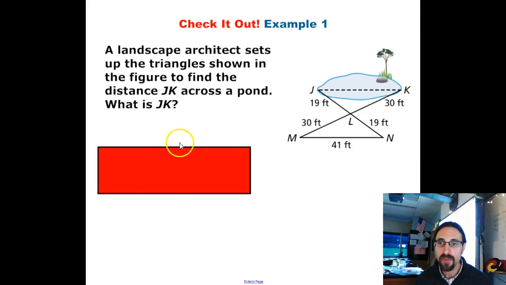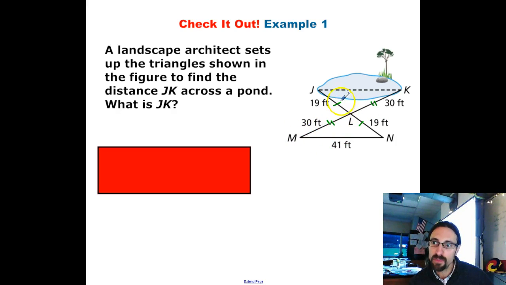It says a landscape architect sets out triangles shown in the figure to find the distance across a pond, because you couldn't actually throw a measuring tape across the pond, right? So what is JK? What is this distance? Well, what we need to recognize is that 19 and 19, those corresponding sides are congruent, and 30 and 30, those corresponding sides are congruent.